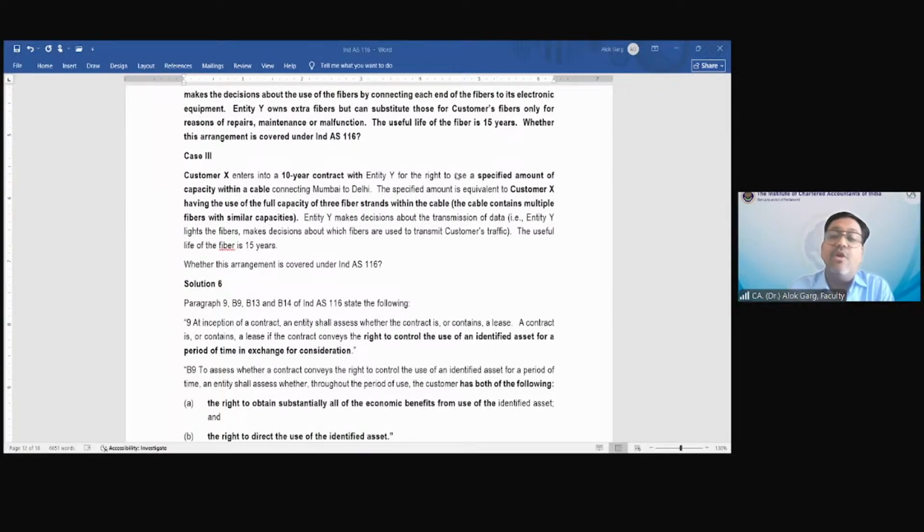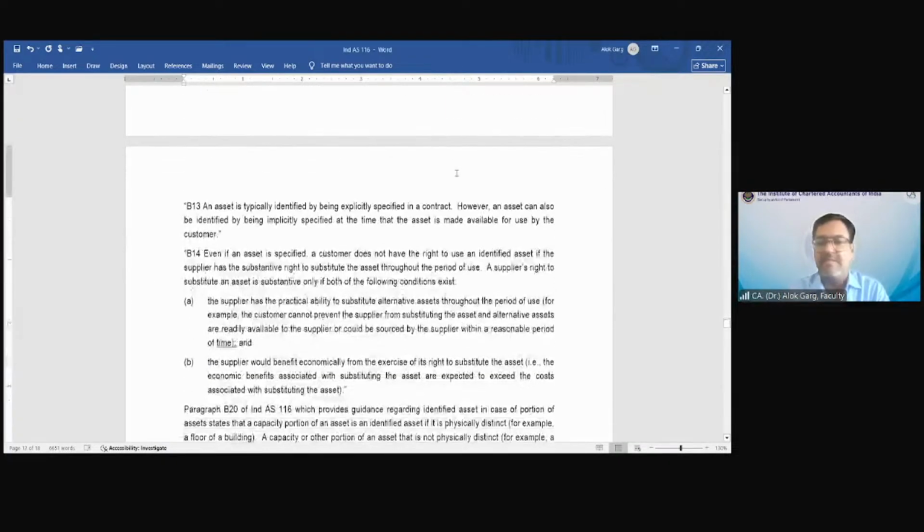It is the lessor who tells when to light the fiber, when to transmit the data into the fiber, when to start the network, and which fiber has to be used for transmitting the data. So all these operating decisions are taken by the lessor, and hence this is not an identified asset. This is not a contract within the context of a lease. Is that clear?